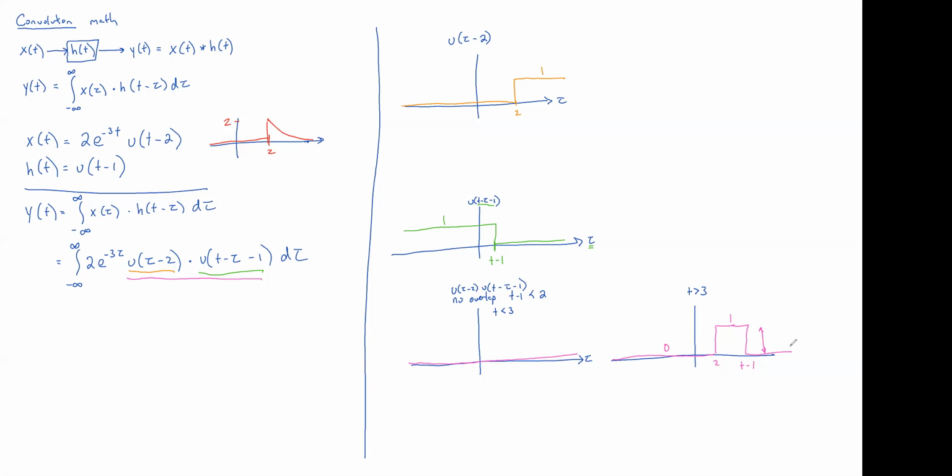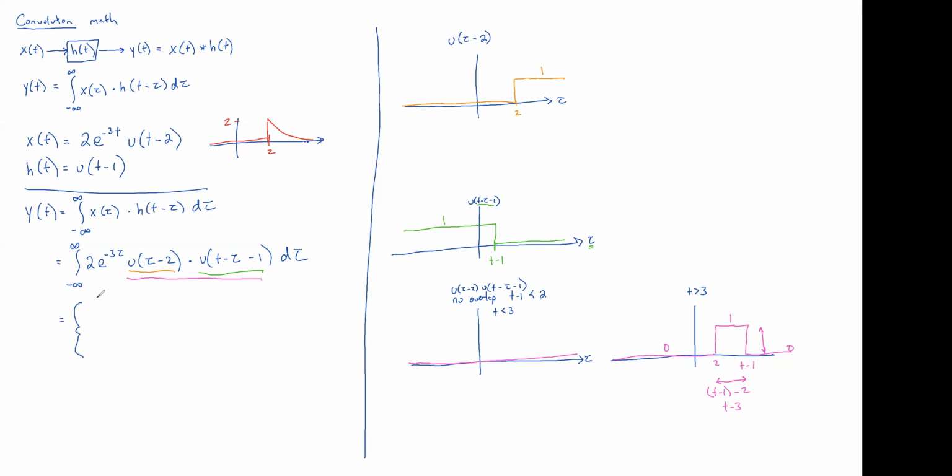It's 0 out here. And its width will be t minus 1 minus 2. It'll be the right side minus the left side. So it'll have a width of t minus 1 minus 2, which again is a complicated way of just simply saying t minus 3. So now the next step is that it means that this integral is one of two things.